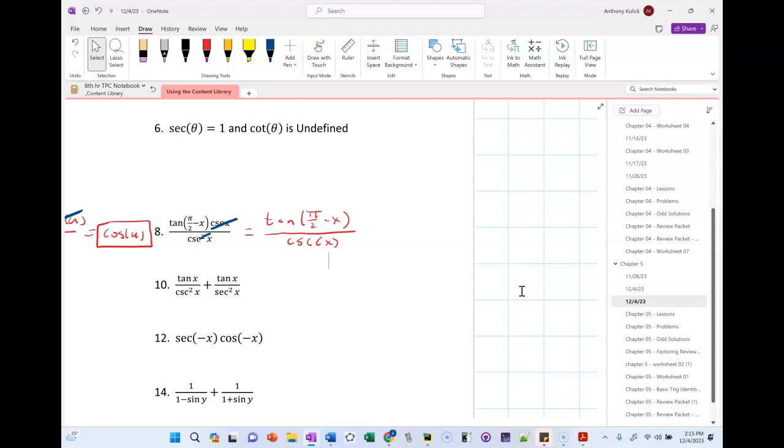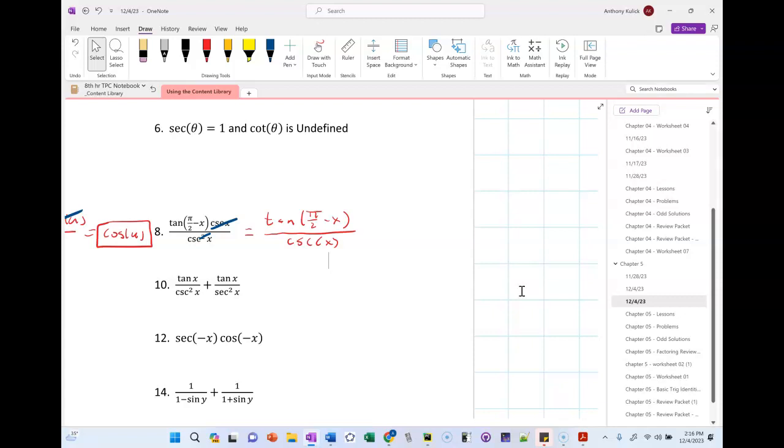Okay, so let me say something first. Right now, in order to reduce or combine like terms or to cancel anything, the inside of your trig functions need to be the same. Right now, I have tangent of pi over 2 minus x, and then cosecant of x. As they're currently written, the insides are not the same. So any identity I use, I'm not going to be able to cancel anything because the insides are different. The first thing I would try to do after I've done that reducing is to see if I can make the insides the same.